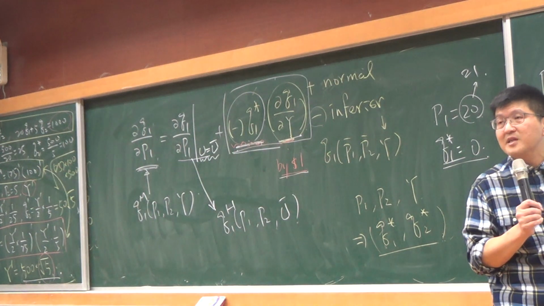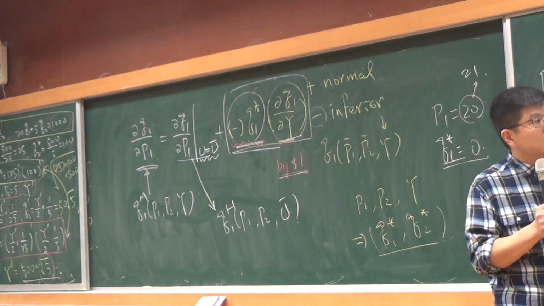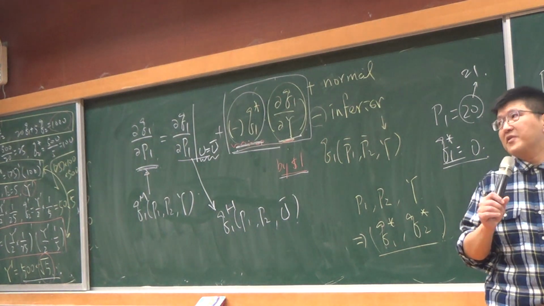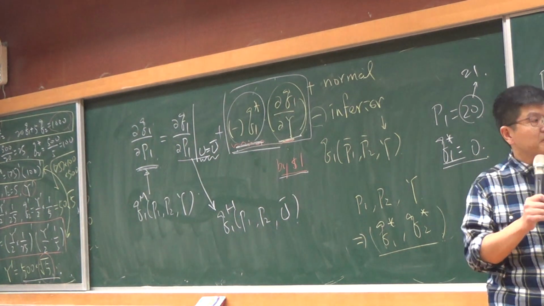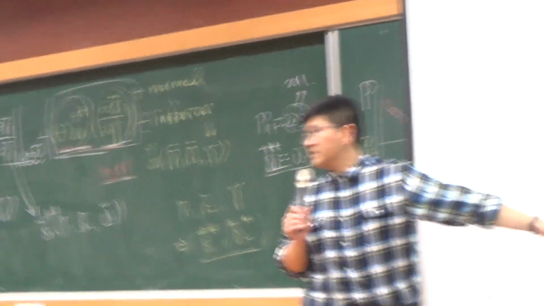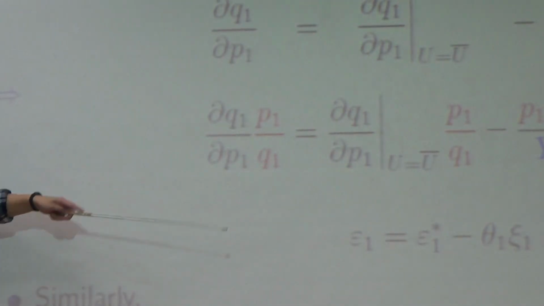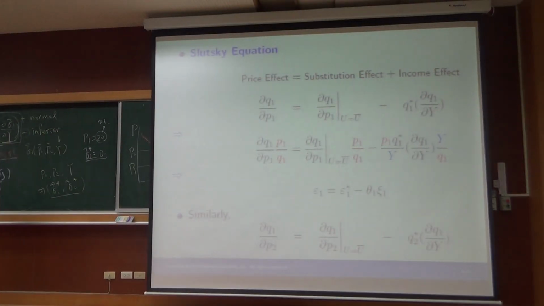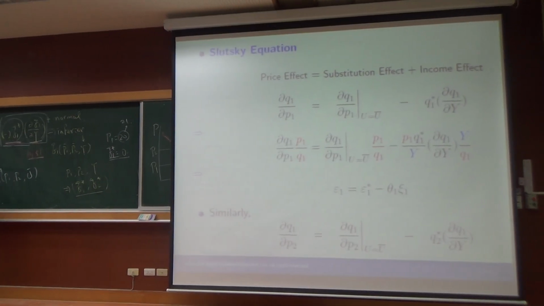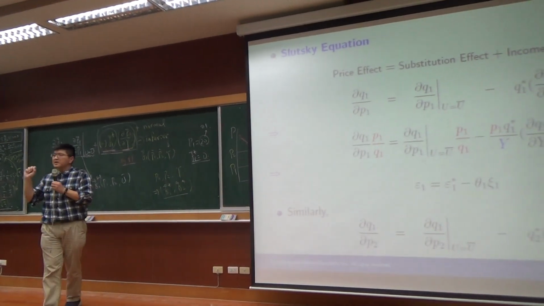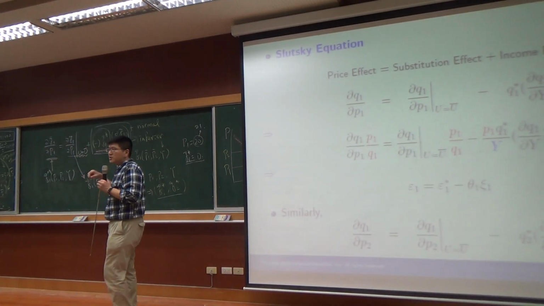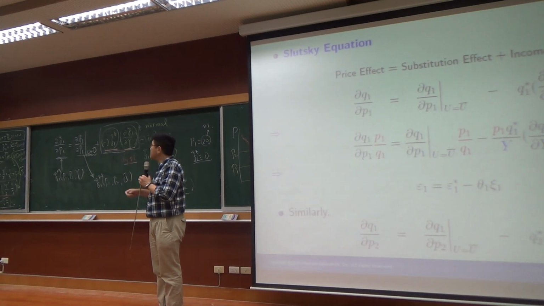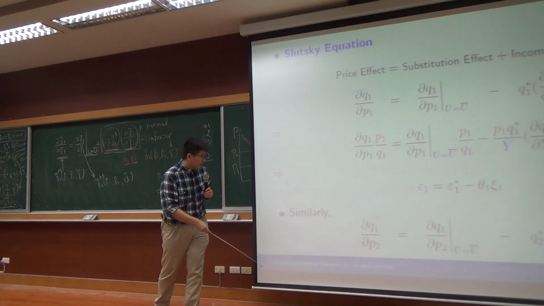But if someday someone asks you how to express the price effect, substitution effect, and income effect using elasticity, I think it's not difficult for you, because you just change this by the percentage change, right? You just put something to make them in percentage change. All right.